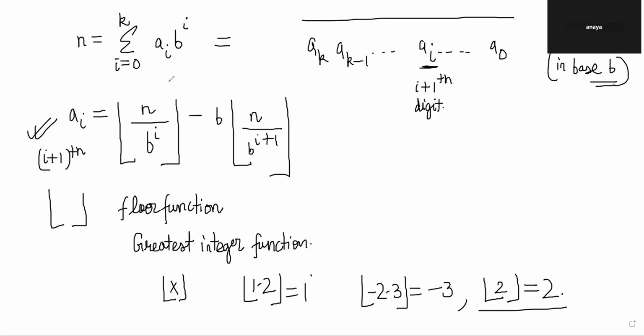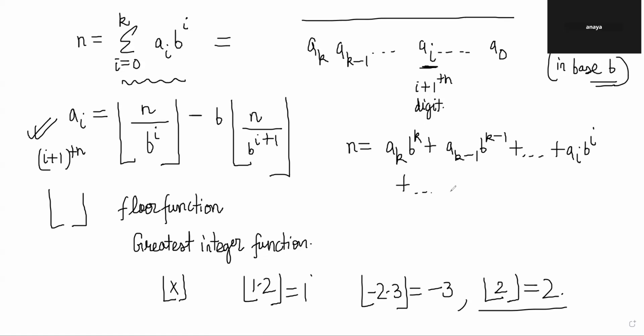Obviously we have to write n as this. n was a_k b^k plus a_(k-1) b^(k-1), and there will be a_i b^i, and so on till a_1 b and a_0. So let's calculate what is n by b^i.